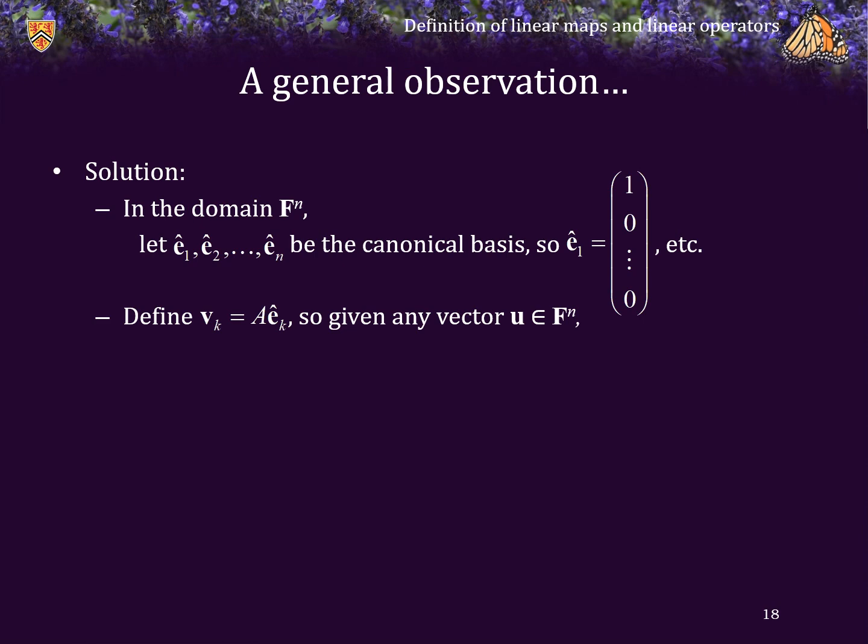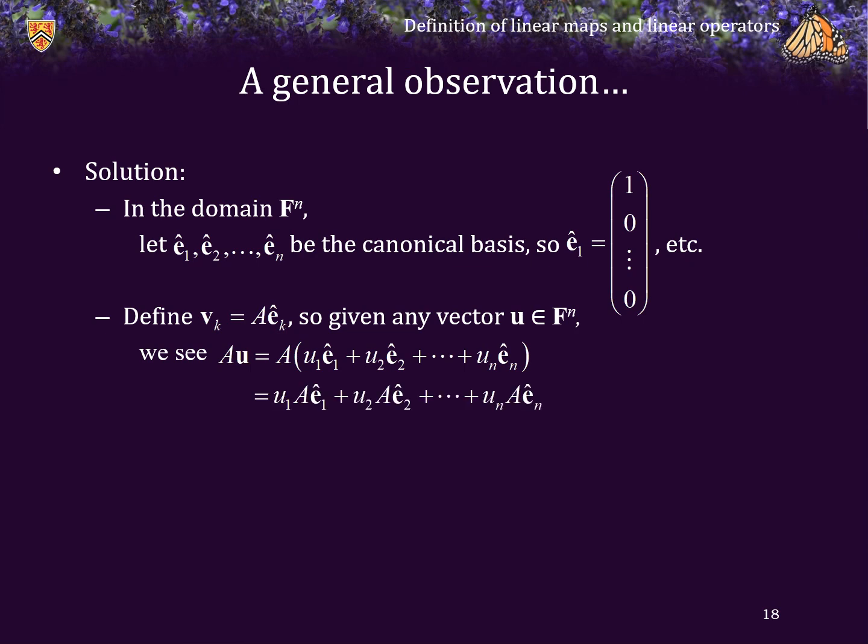Therefore, given any vector u in F to the n, we see that A applied to u, well, u is just u1 times the first basis vector plus u2 times the second basis vector, all the way up to the last entry of u times the last canonical basis vector. But wait a second. Now we are applying the linear operator, or mapping, to a linear combination of vectors.